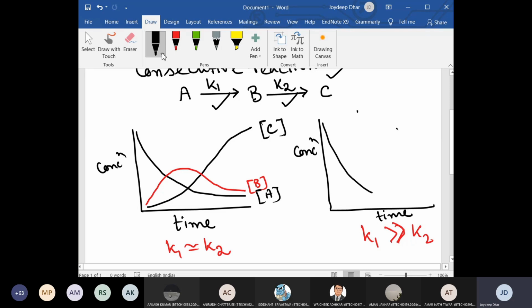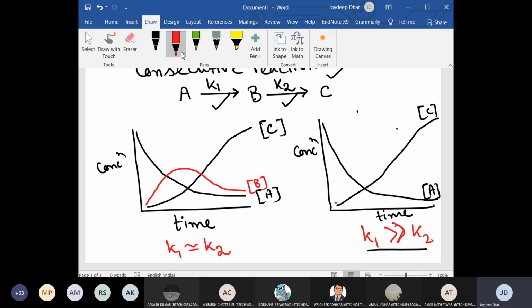A will always rapidly fall and then get saturated. It is like a first order rate equation. And then the concentration of C will also rise exponentially, then it will get constant. So this is component A, and B, I told K1 is much larger than K2. That means B will form a lot and then it will fall.